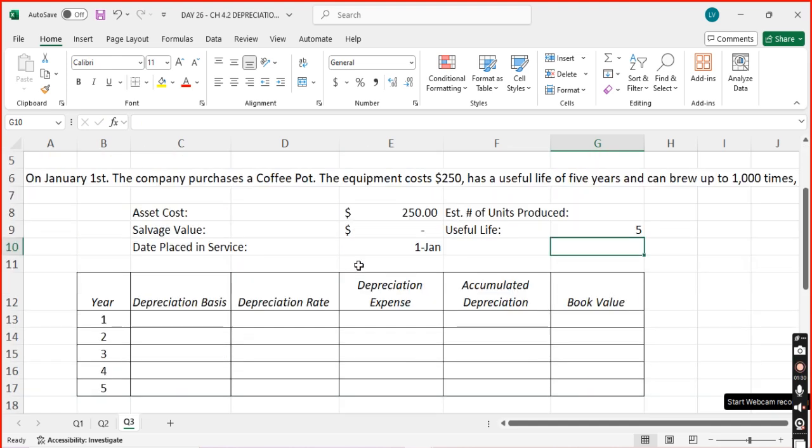So for year 1, what is the depreciation basis?